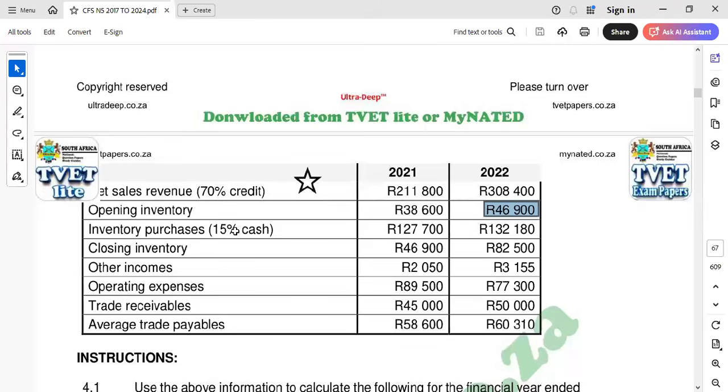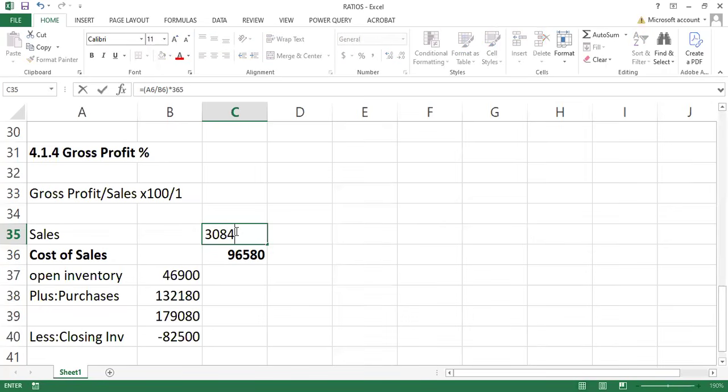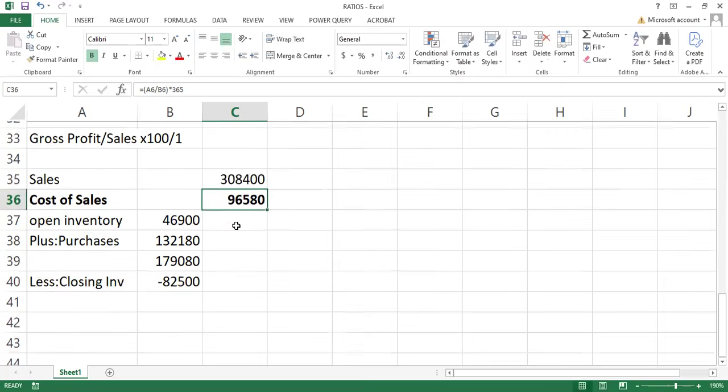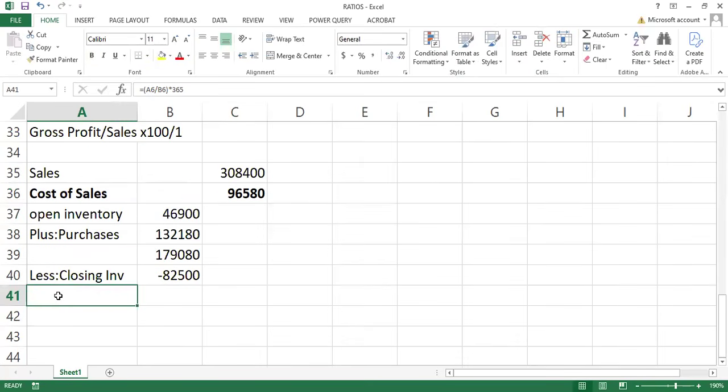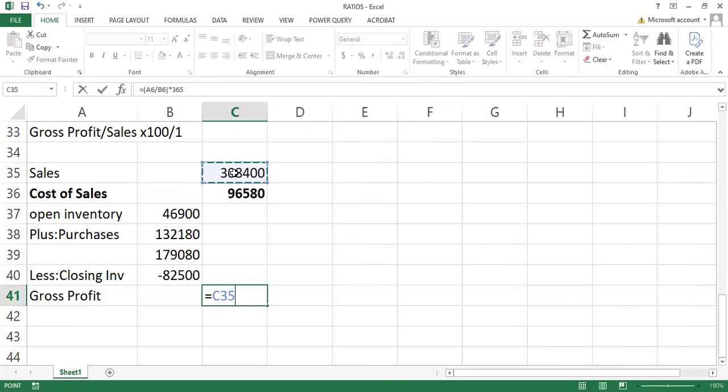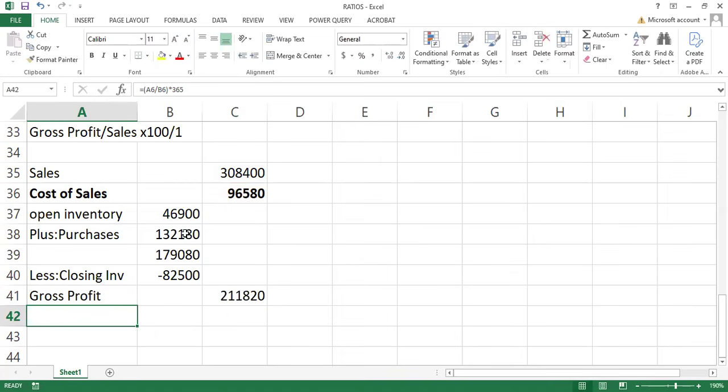We type it as 308,400. So our gross profit, we are going to say now is equal to sales less cost of sales. We are getting 211,820. That is the final amount that we are getting.